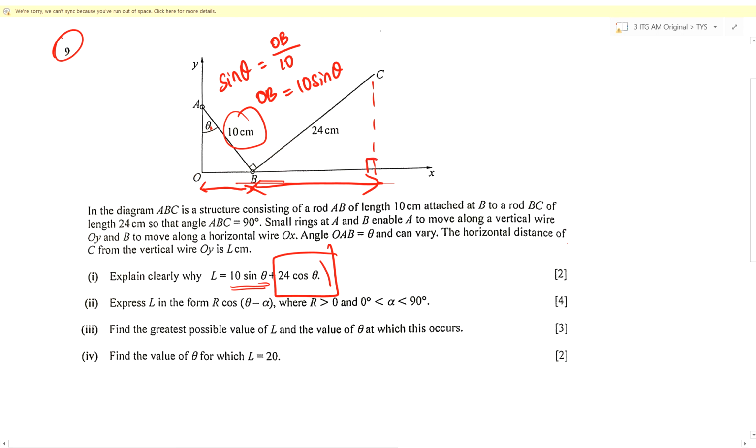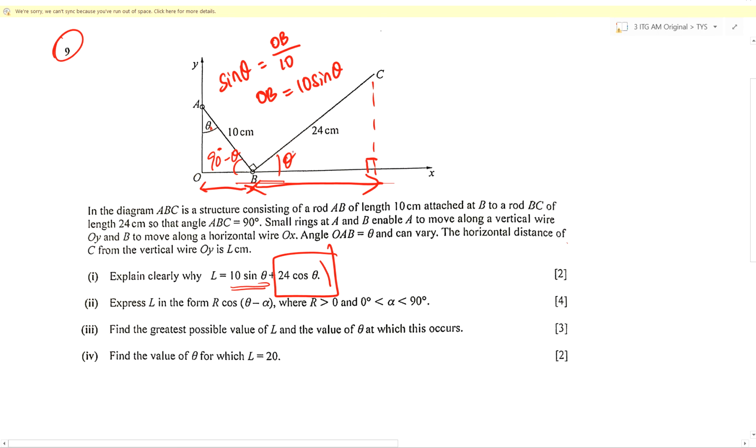This is a right angle. Where exactly is theta? So we have to determine where theta is. If theta is given over here, this is a right angle triangle, so this must be 90 minus theta. If this is 90 degrees minus theta, this is 90 degrees, and all these three angles are on a straight line, then this must be equal to theta, because they must all add up to 180 degrees.